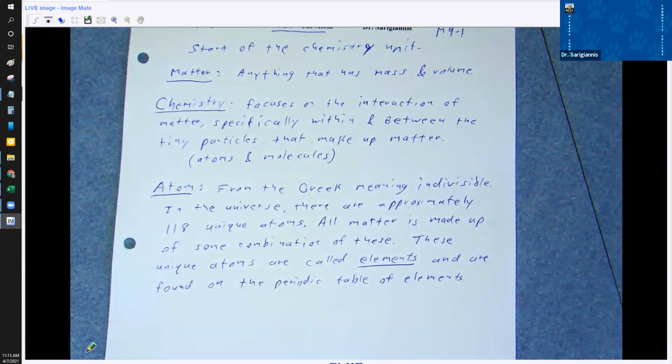But for now, do I even have my copy up? Let's see. I guess I don't. I don't know where I put it.